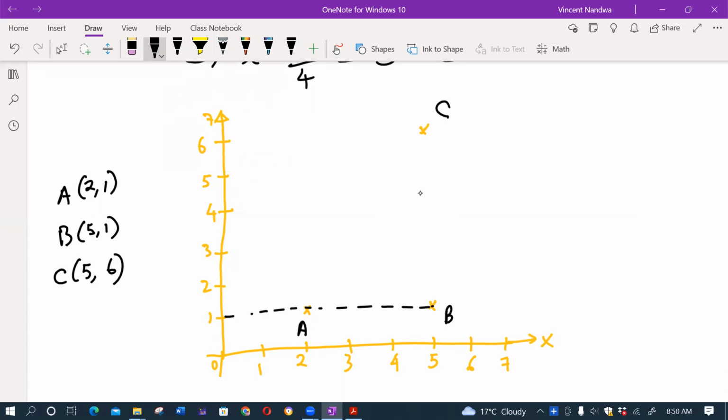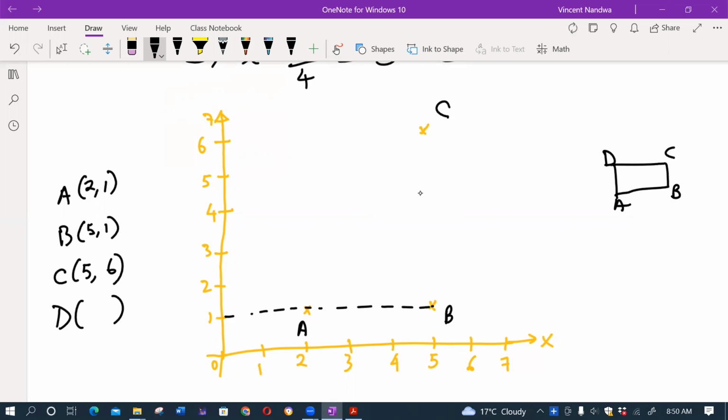So we have another point D such that ABCD is a rectangle. Remember, if this is a rectangle and you label this A, this B, this C, then this must be D.